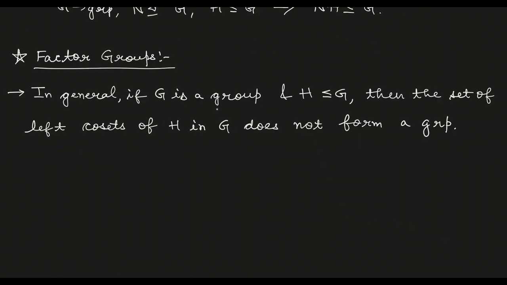Means if G is a group and H is a subgroup of G, then the set of left cosets of H in G, means aH, does not form a group.